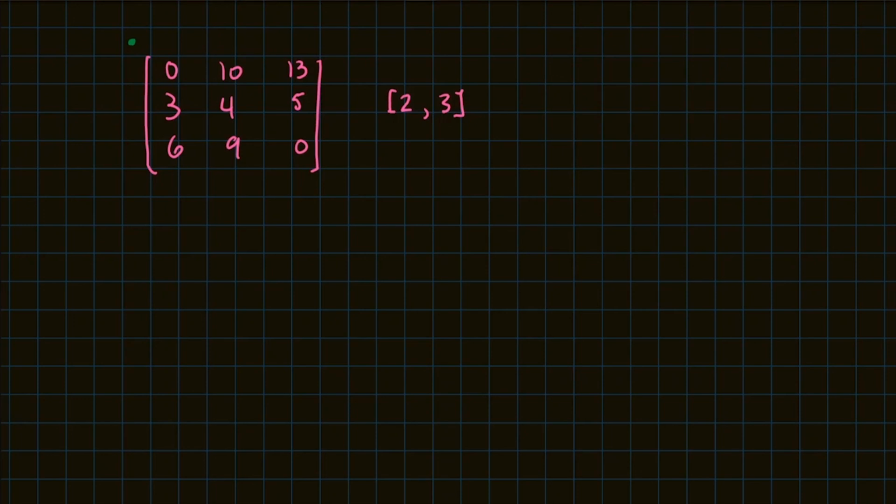So if we were to go to the second row, this is the second row right here, and we're going to go to the third column. This is 1, 2, 3. Third column, that is the number 5. Notice that when we write these numbers up here, it's going off of this origin point, the green dot there, and that will be consistent with hopefully every single matrix problem you see.